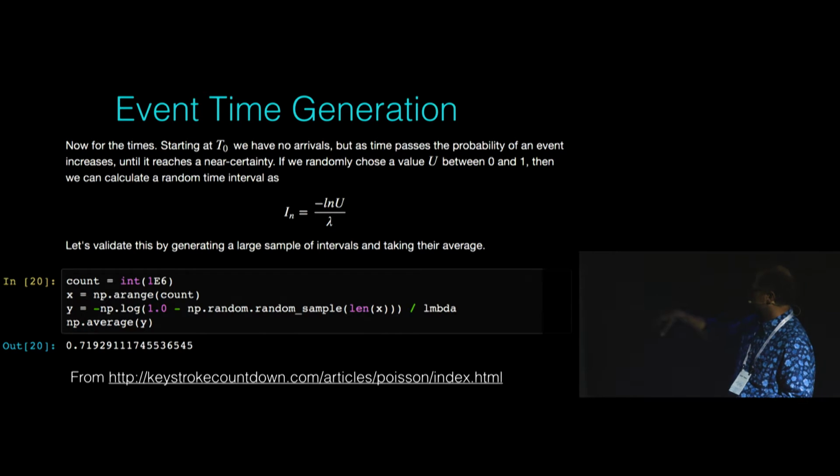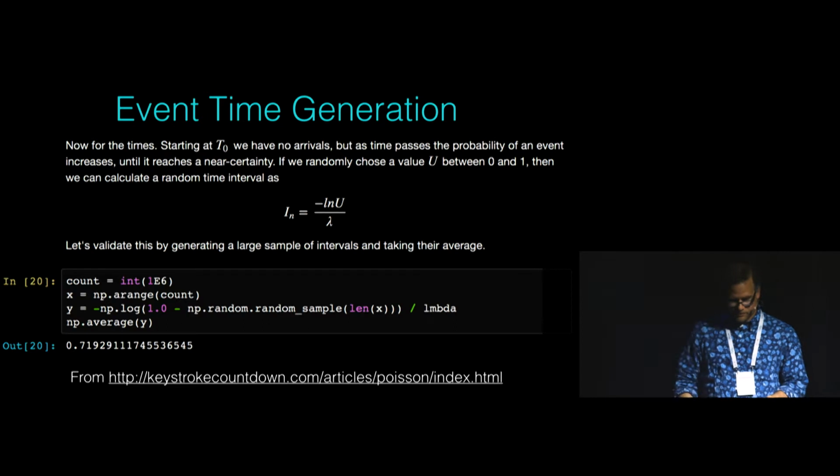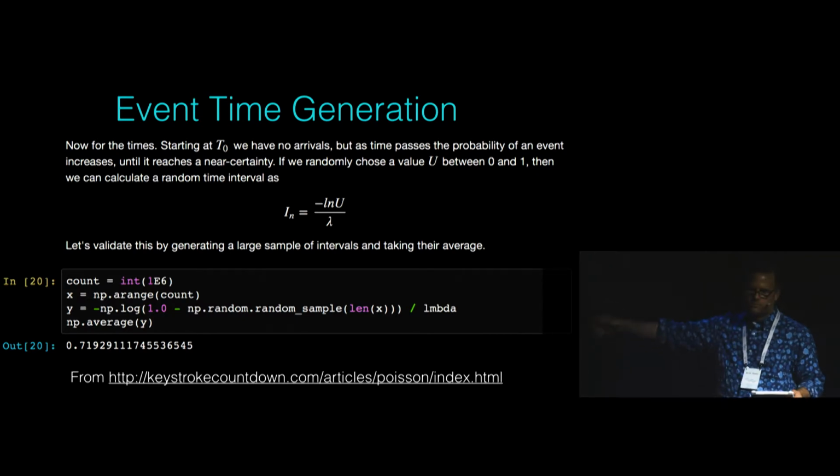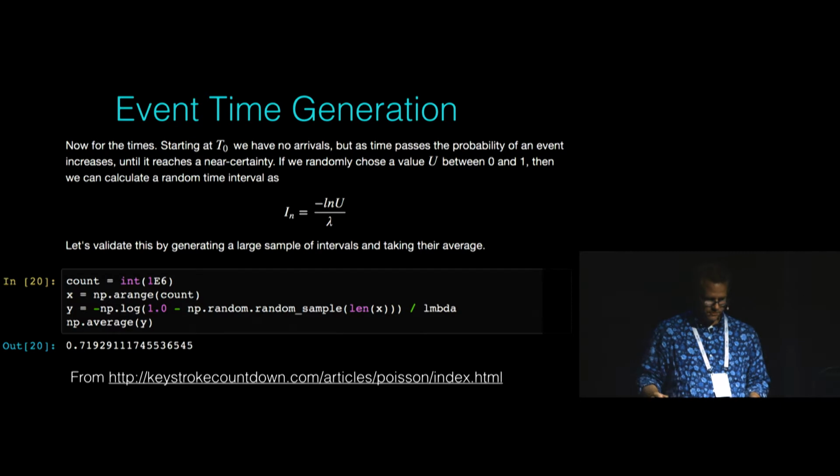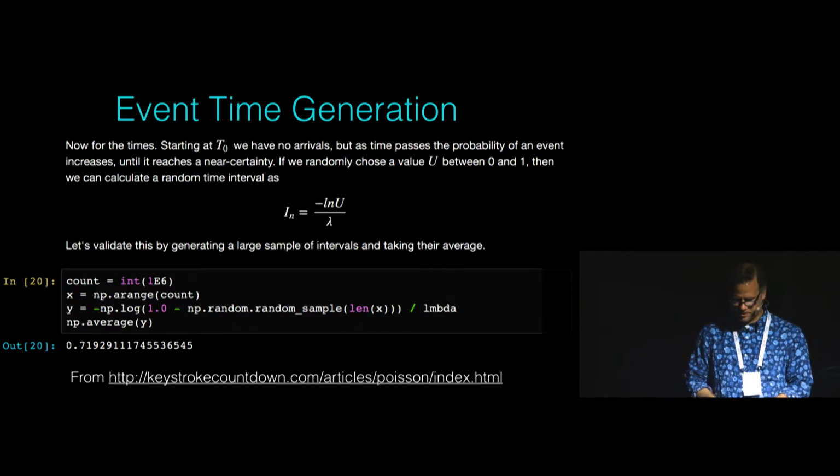This is taken from an IPython document that I'd created. Here's the only time I actually show some NumPy, showing how you could generate these values. Here I'm generating 10^6 values, and I get almost the 0.72 response that I expect. So it looks pretty good.